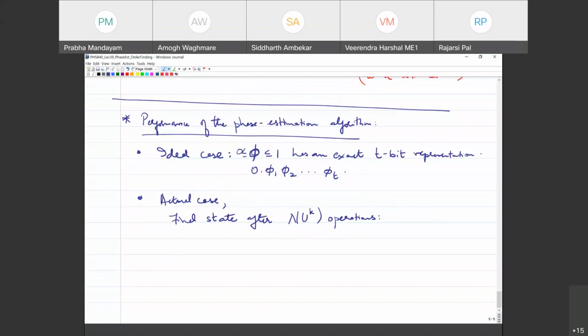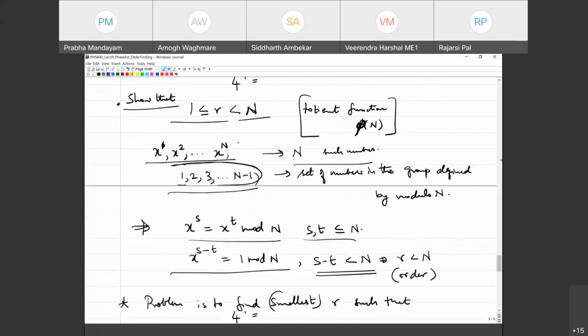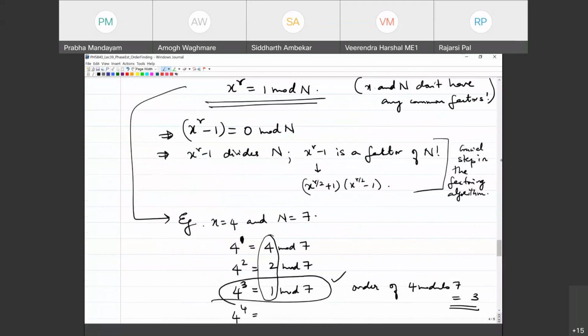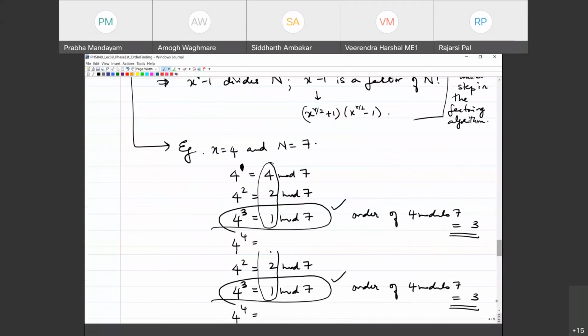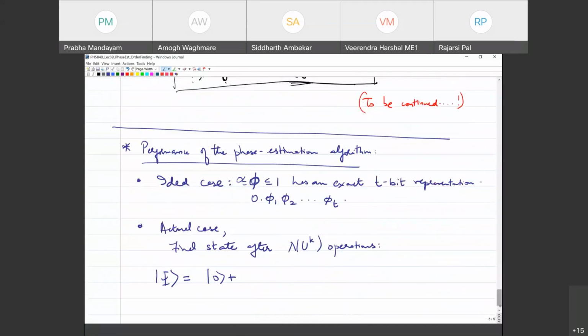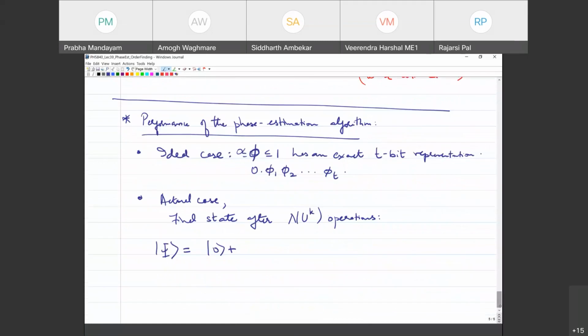What we are going to get is this state, which we wrote down as a tensor product, but I'm going to now collapse the tensor product back into a superposition. Remember, we did this when we did the Fourier transform analysis, where we went from a superposition of the n qubit states to a tensor product form where each qubit was locally in a superposition.